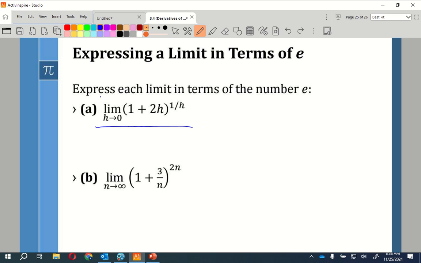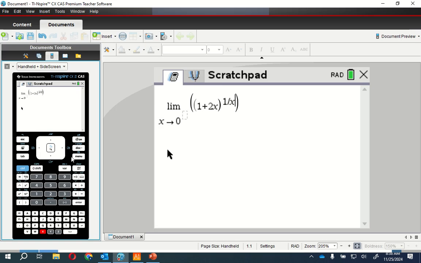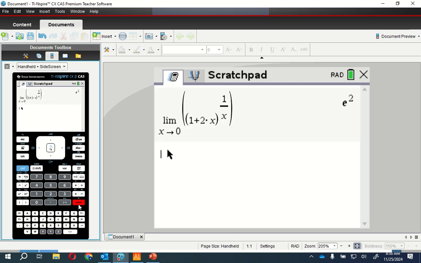Because h's are going to be represented as my x's. So x approaches 0, 1 plus 2x to the 1 over x. Hey, is that kind of neat? Does my calculator help me out with this stuff?